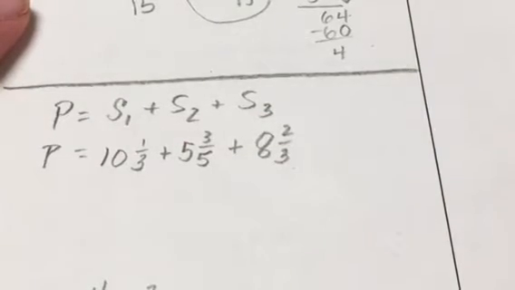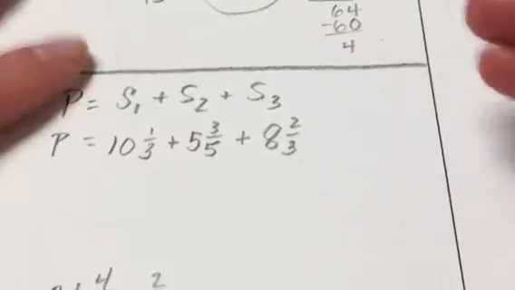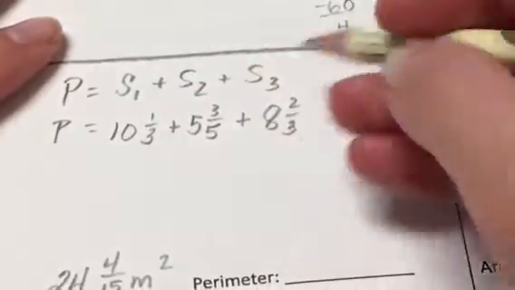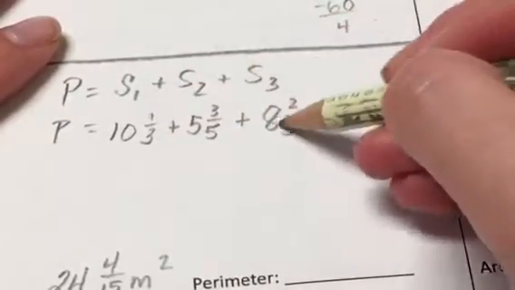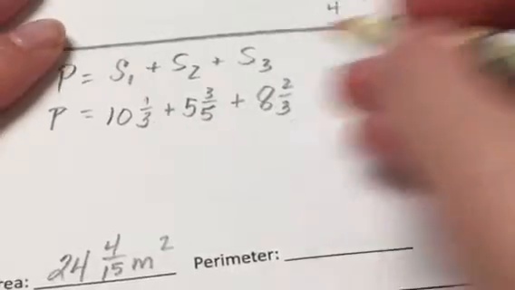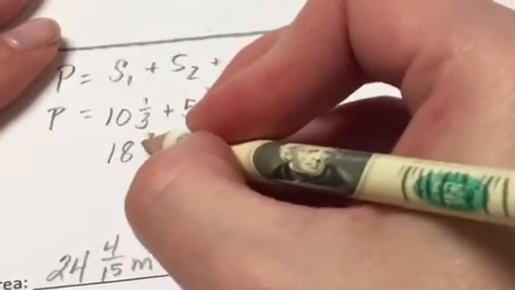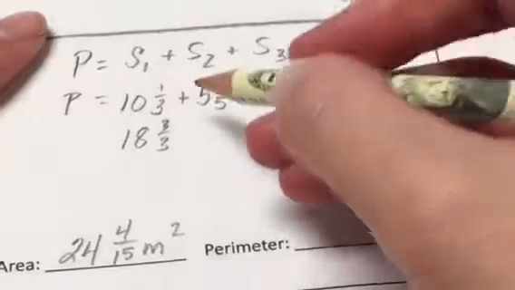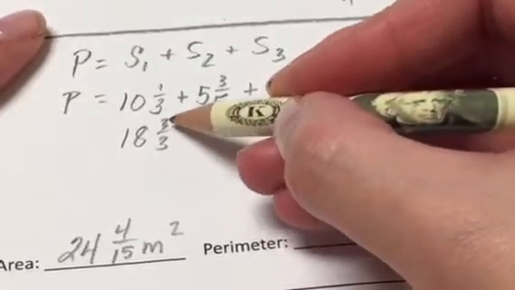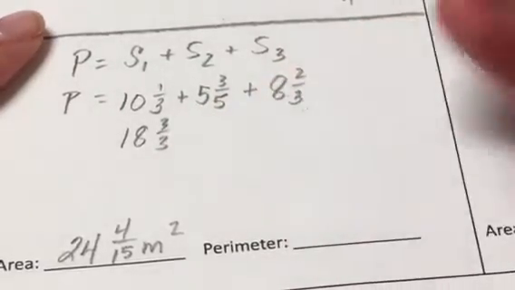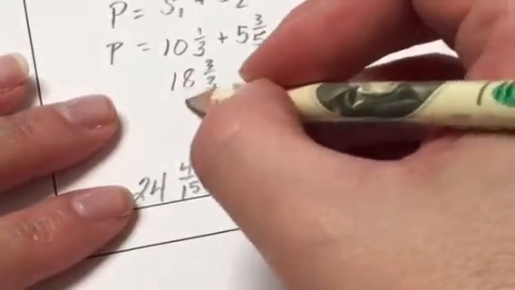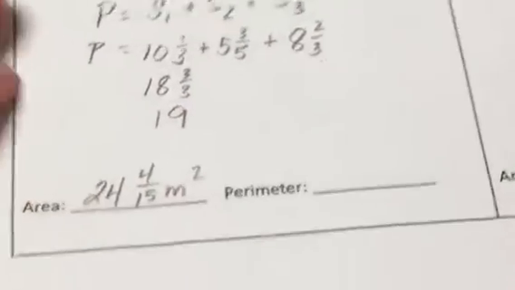So what we can do is we can combine those together. So if I do 10 1/3 plus 8 2/3, I get 18 3/3. Well, I know that 3/3 or 3 divided by 3 is 1. So those actually combine together, 18 and 1 to equal 19.